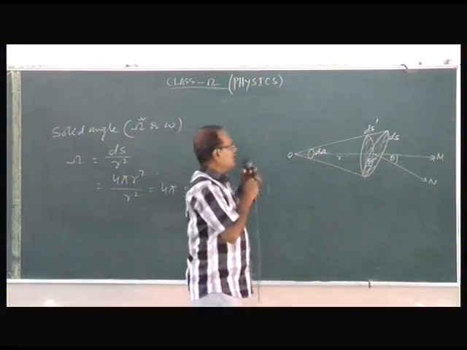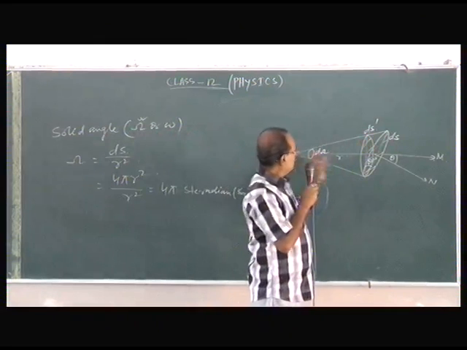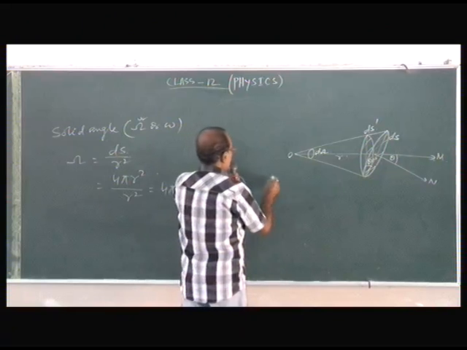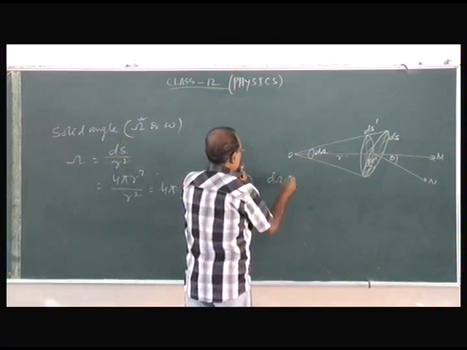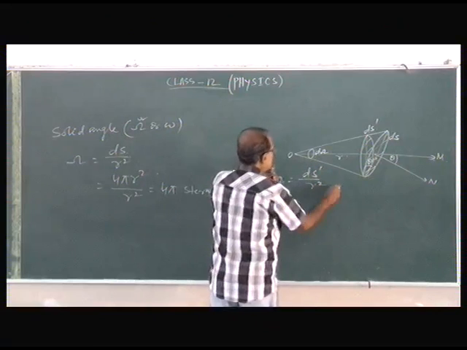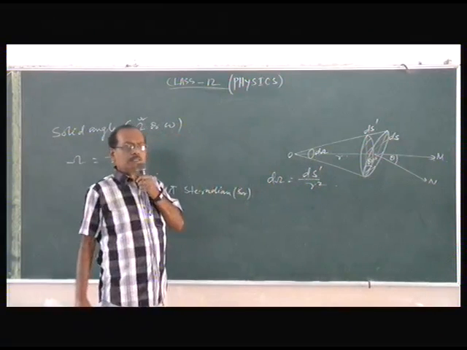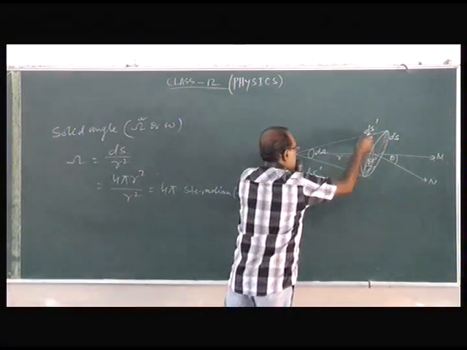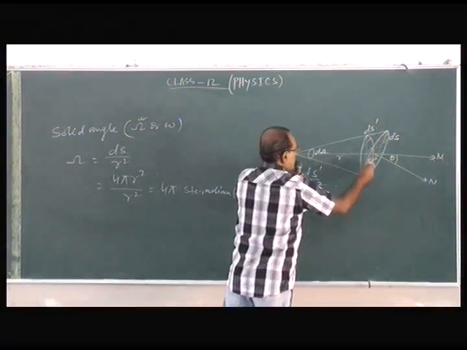So when ds dash is perpendicular to OP, then the solid angle will be how much? Equal to ds dash by r square. But now what is the relation between these two, ds and ds dash?